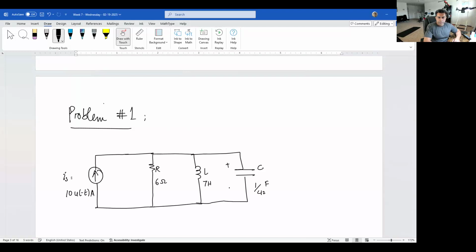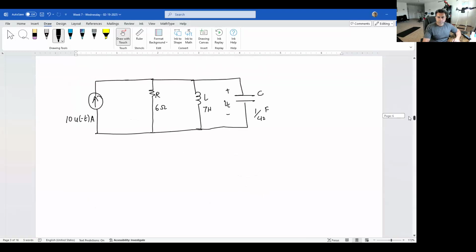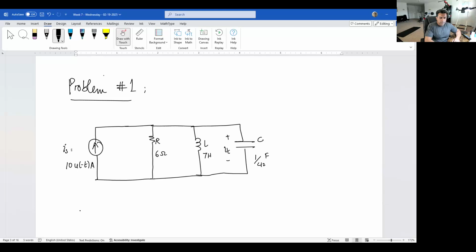We are going to calculate the capacitor voltage. Determine and plot vC(t) for t greater than or equal to 0.